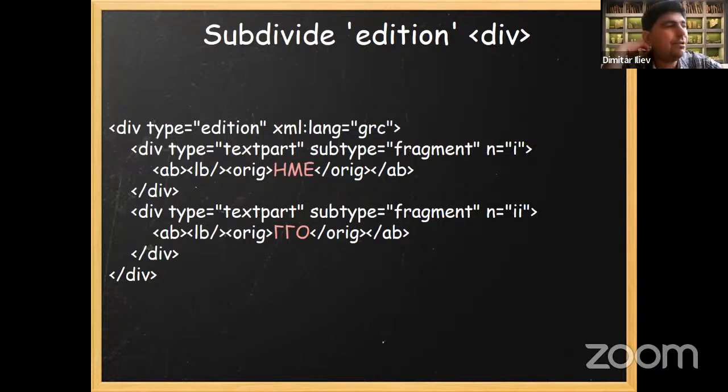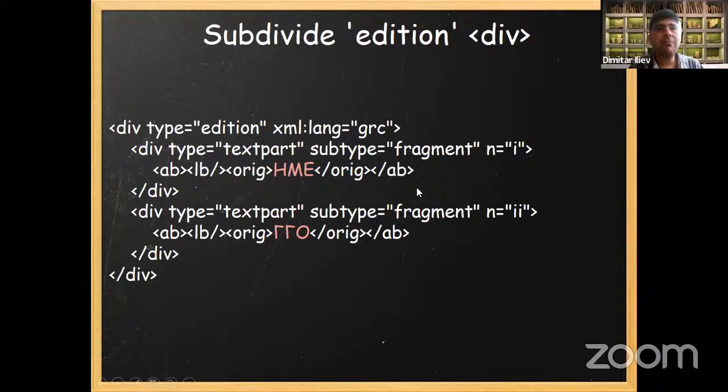Sometimes, as Elena showed you earlier, you can put the different parts of your text in different AB blocks, which stand for anonymous block, but the most clear-cut way to do it is to make subdivisions in different div type textpart. And the text parts can also have subtypes, so you can really divide and subdivide your textual divisions.